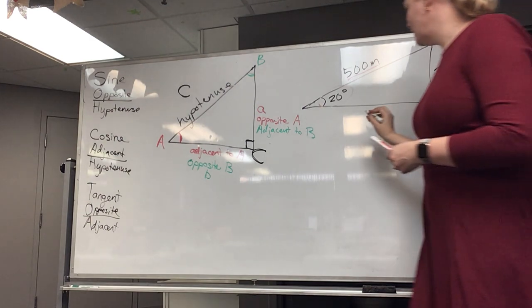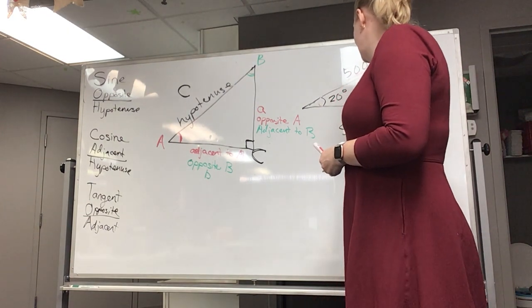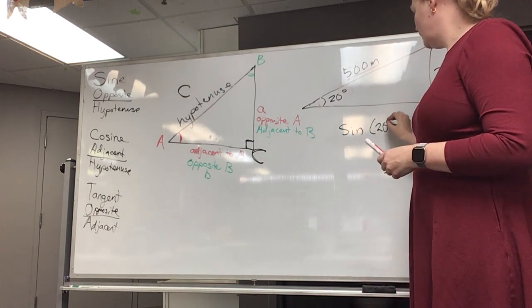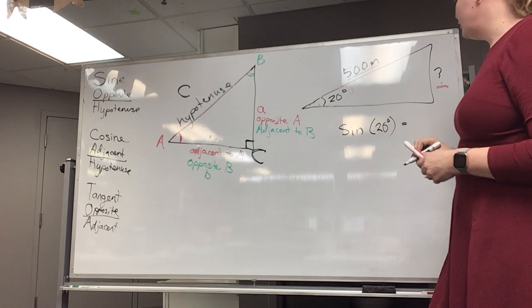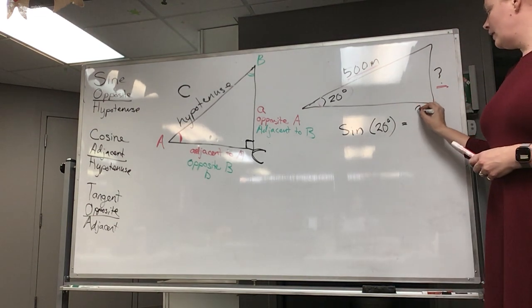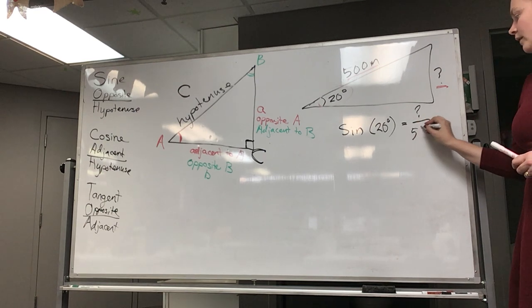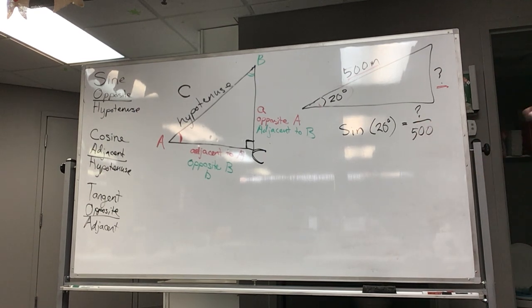And so we are going to say that the sine of 20 is equal to this thing that we're looking for over 500. First one you get to use your calculator on.